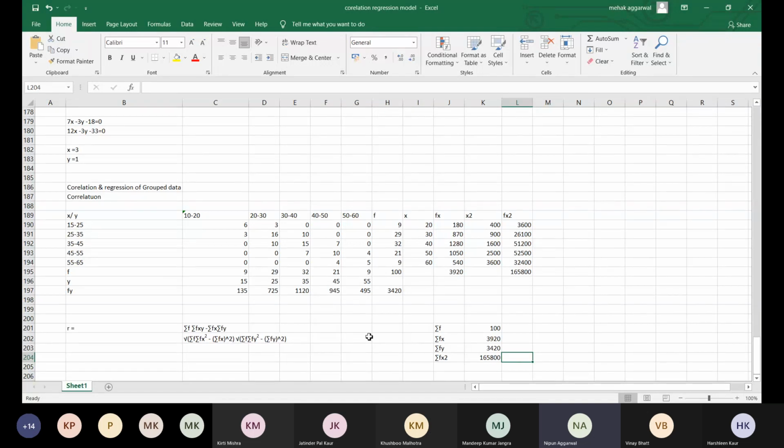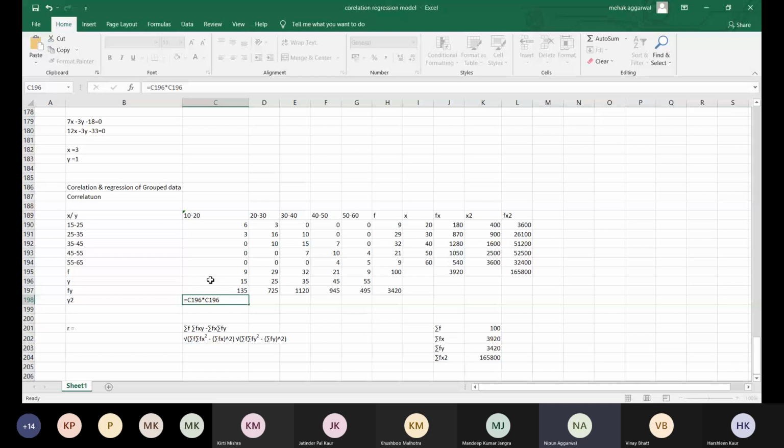Now you want summation f, already calculated, and summation fy square. So for that you first require the y square. So y square is equal to, this is your y, this y into this again.